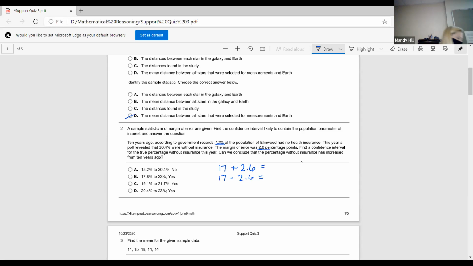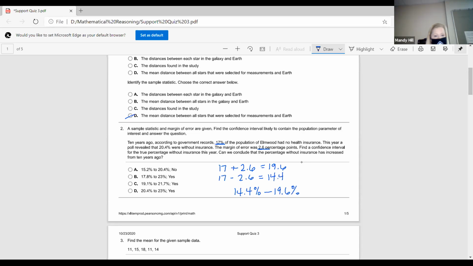So 19.6 on the first one, and 14.4. So that means the range is really between 14.4% and 19.6%.